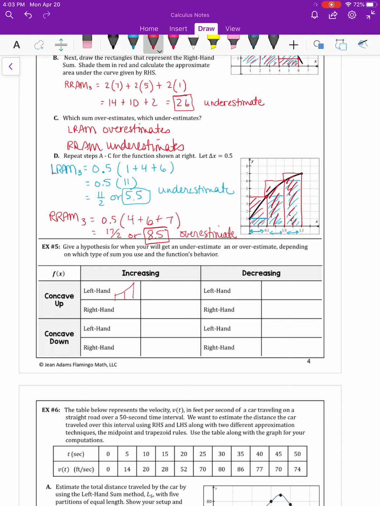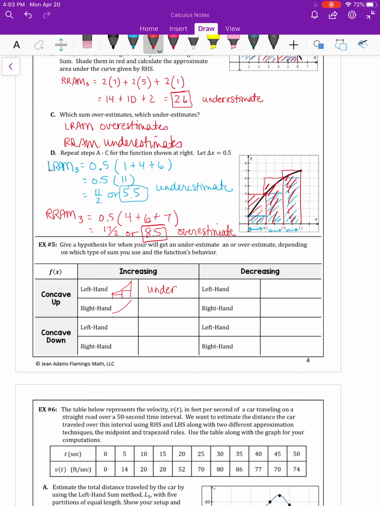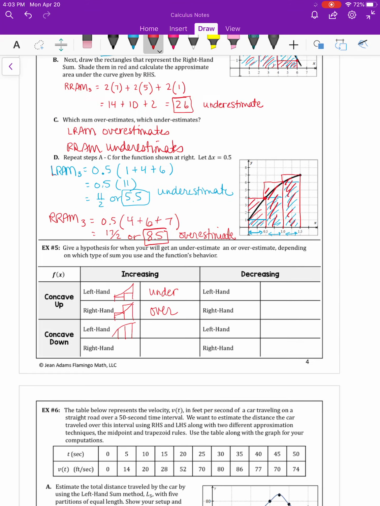So now we're ready to fill out this chart here. We've got an increasing function, right? And let's say we're breaking it up like that. The left-hand Riemann sum is going to be an underestimate. Increasing function, right-hand Riemann sum is going to be an overestimate.